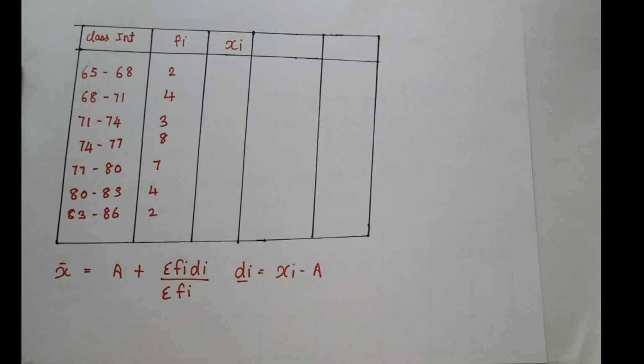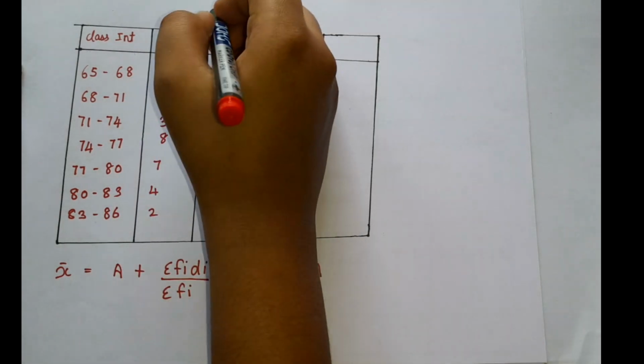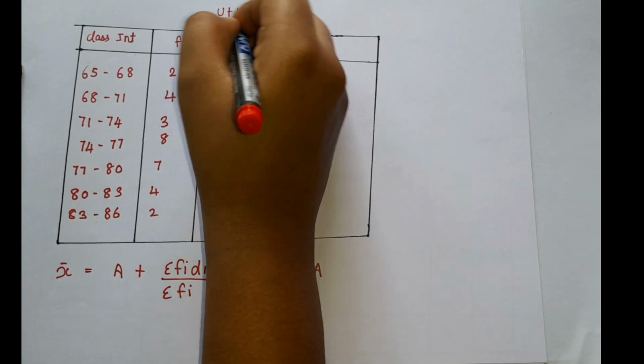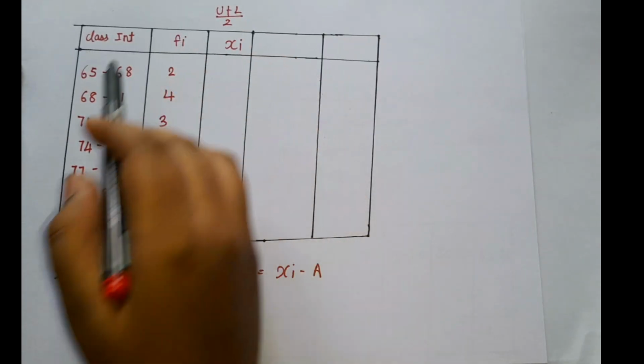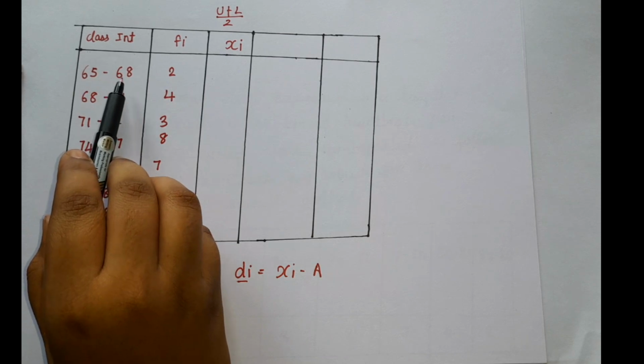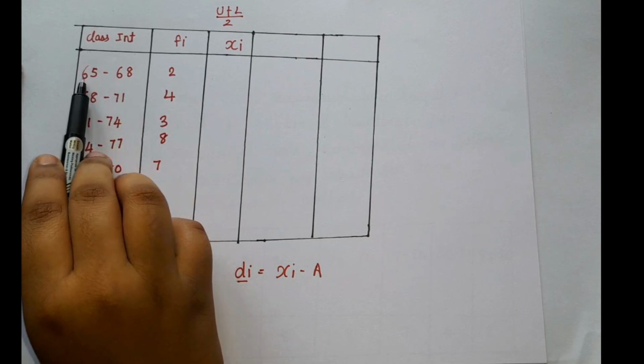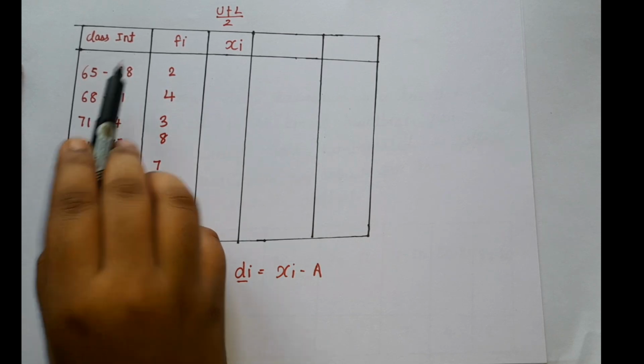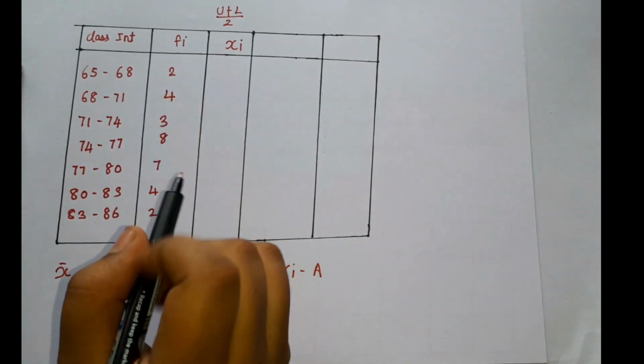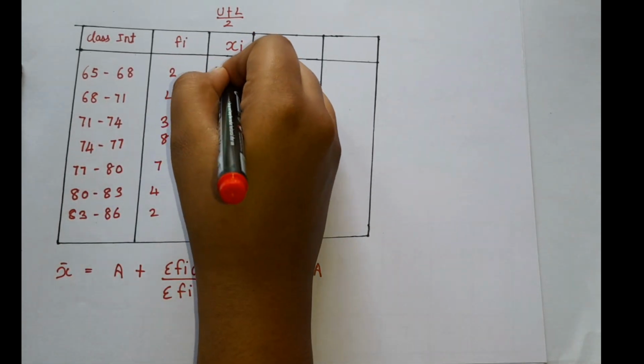So let us find the xi value. How do we find the xi value? Upper limit plus lower limit divided by 2. Here in these two numbers, the upper limit is 68 and the lower limit is 65. When we add them and divide by 2, we'll get 66.5.